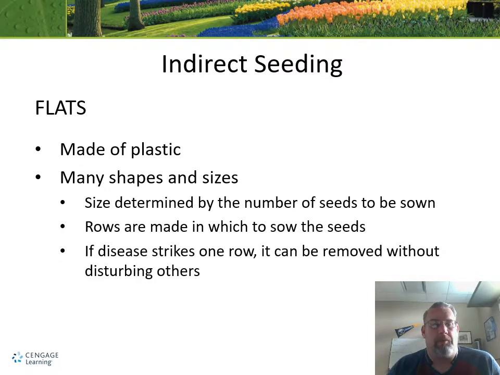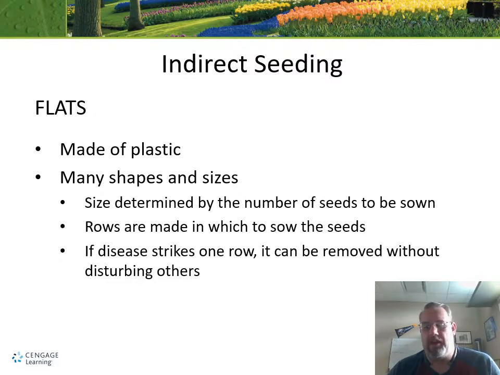So there are something called flats. This is when you don't use an individual spot. This is done typically with, say, ground covers, or if you can separate the roots, you can plant many seeds on a large flat of soil, and they will grow, and then you can separate them and put them into the ground.